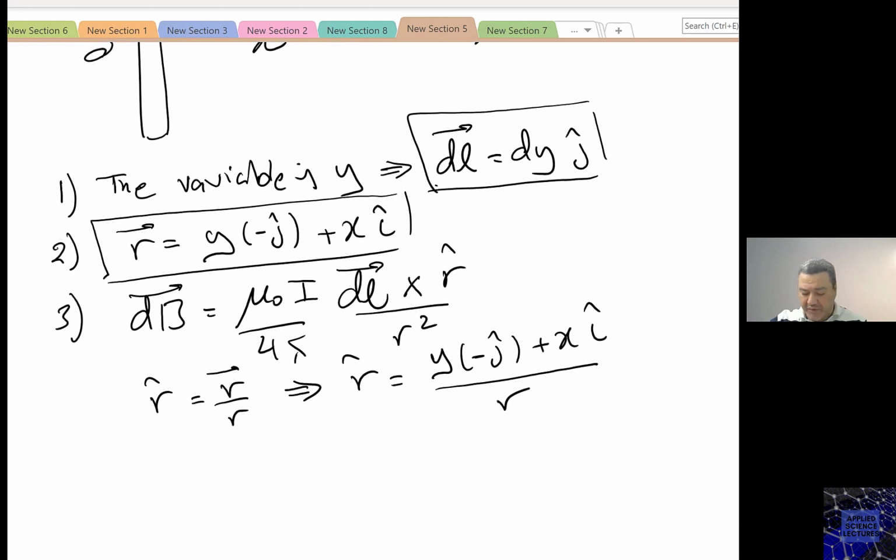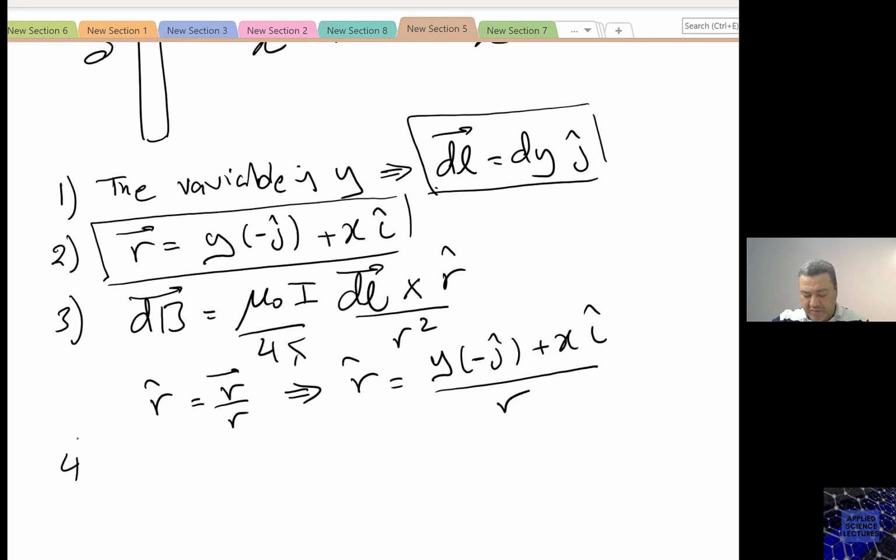Now, if I put everything together, the integration is going to be y varying from minus a to plus a, the integration limit.